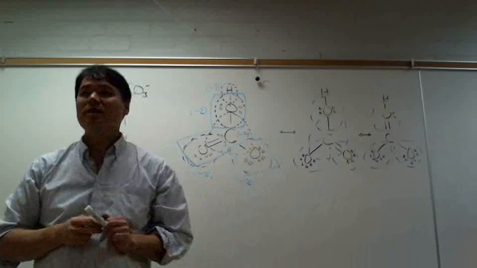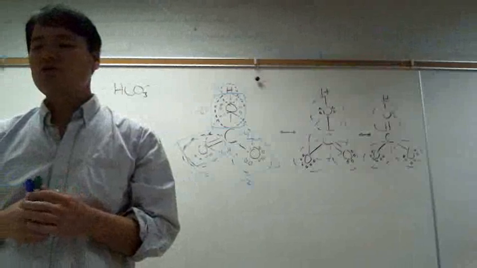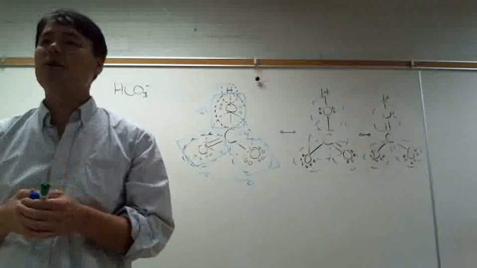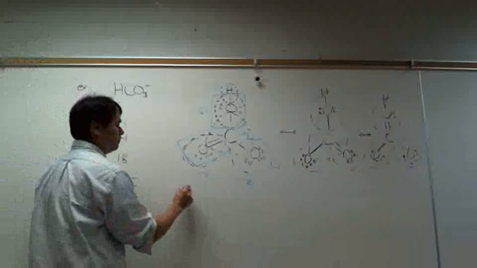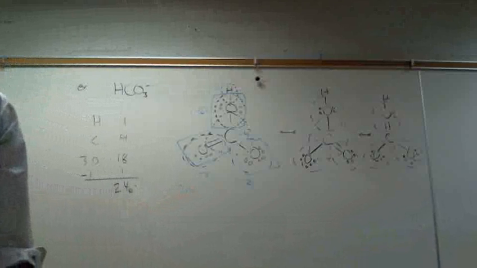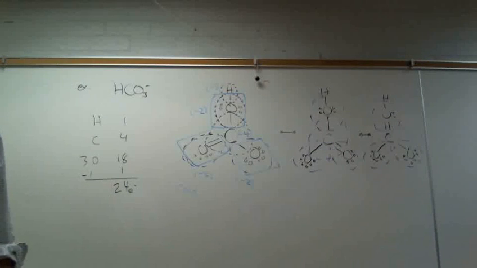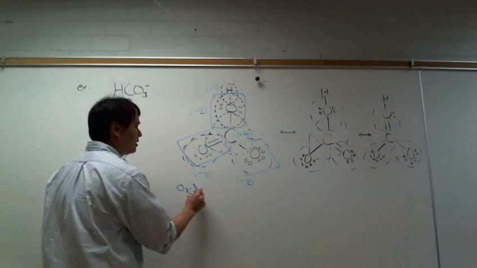You guys remember oxidation states? Oxidation state is a way of counting electrons where winner takes all. In oxidation state we make an assumption. If it's winner takes all, is that more ionic or more covalent? More ionic. In fact, it's 100% ionic.